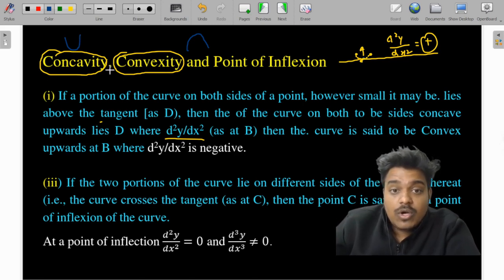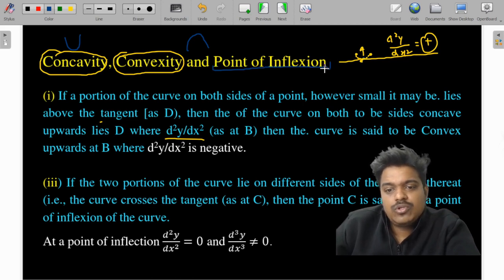Okay, so concavity you understood, convexivity you understood, and point of inflection also you will understand.